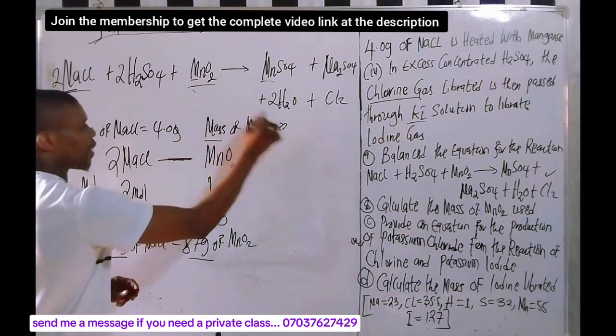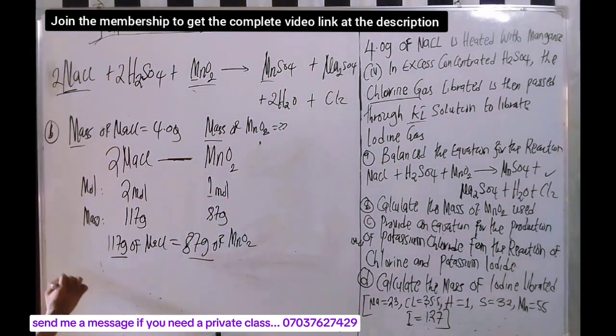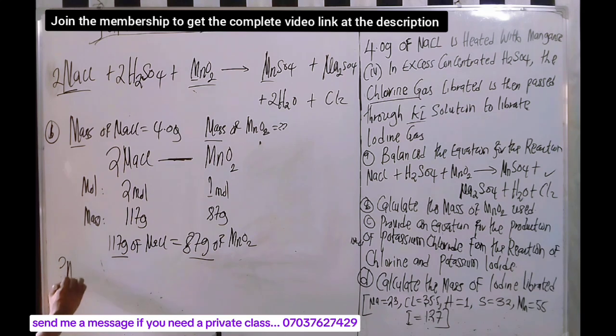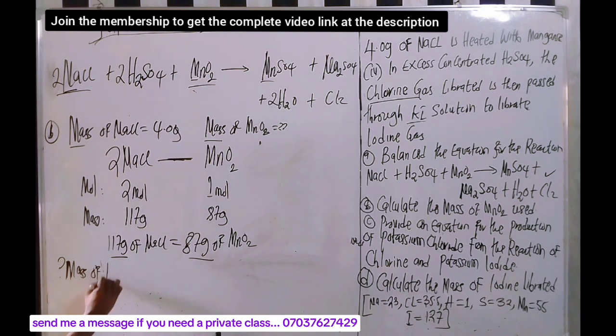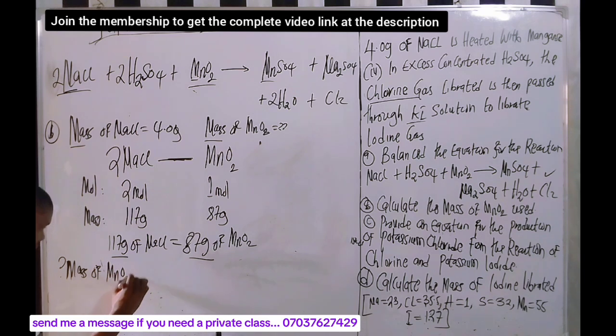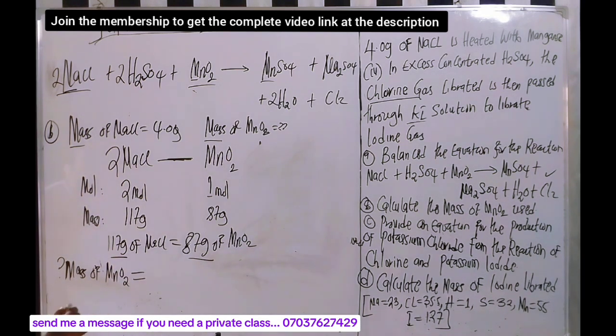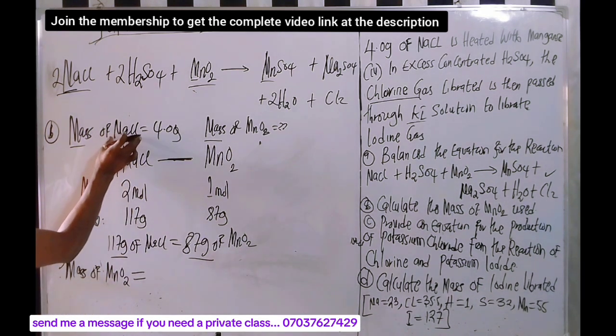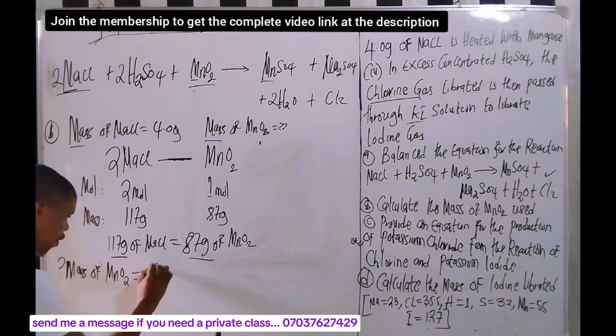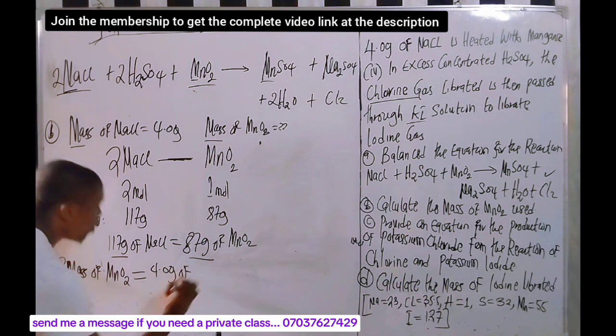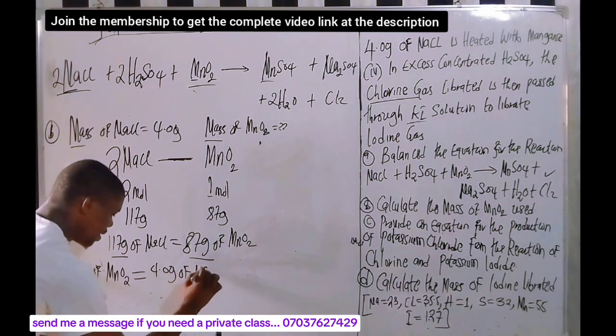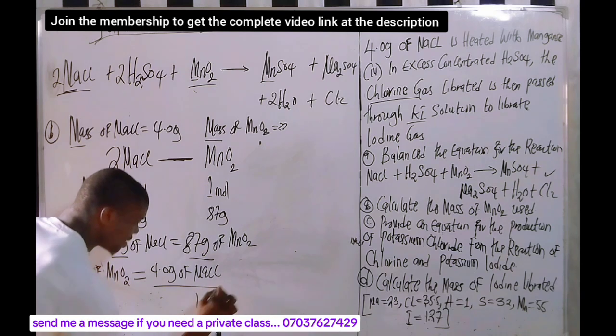So now I want to do the calculation. The mass of MnO2 is equal to the mass of sodium chloride given to me, 4.0 gram of NaCl, over 1, times.